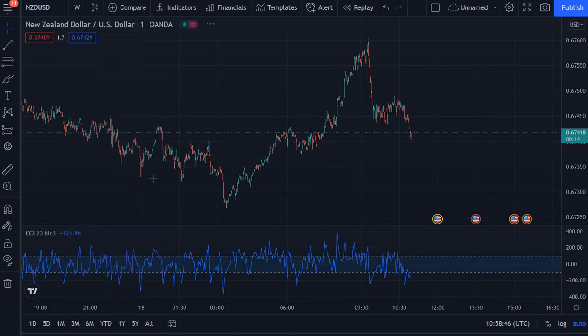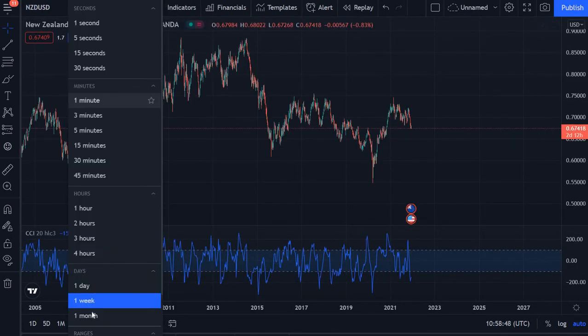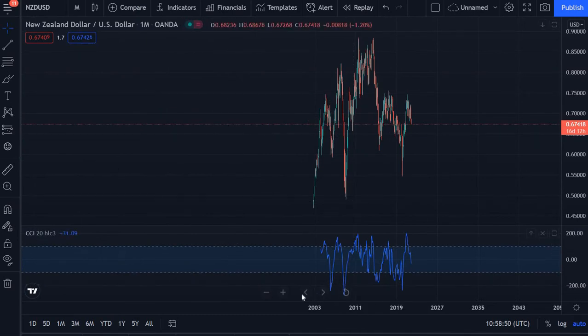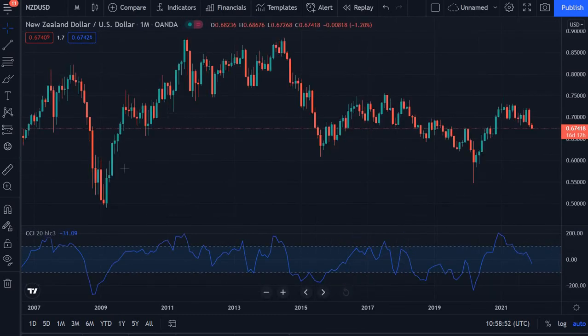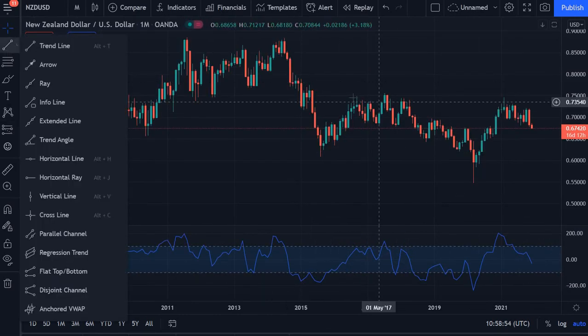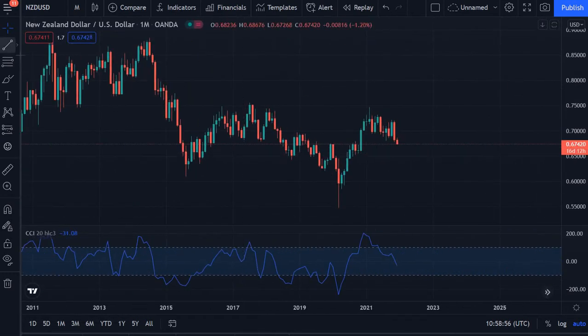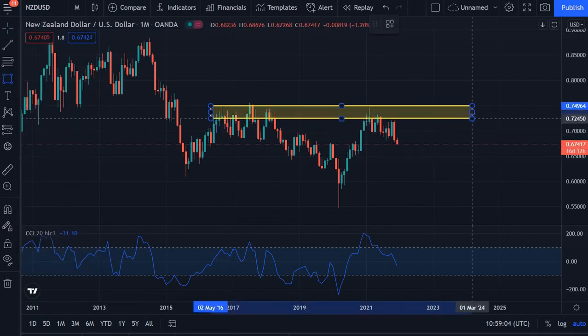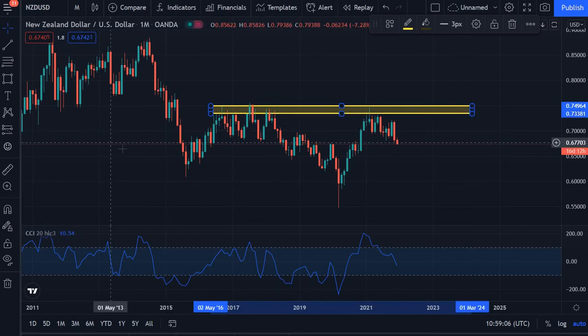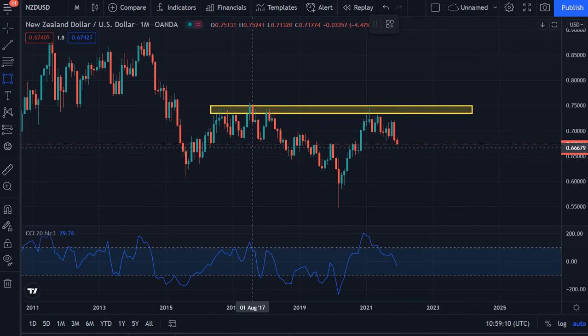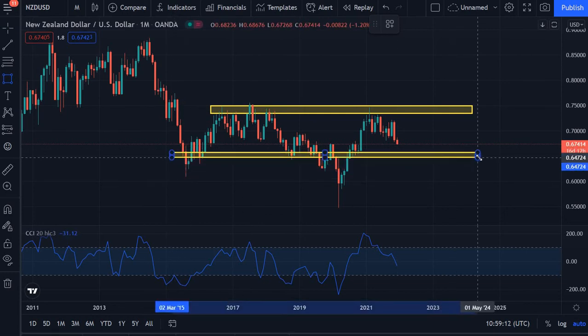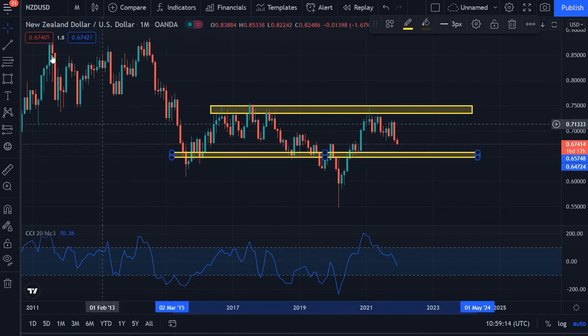Let's check the monthly, the weekly again. Here, next goal, looks like we will head lower on the monthly at least, so this will be the next target.